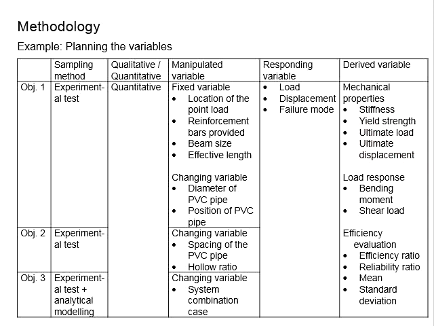And then you may use some formulas based on the test setup for you to calculate the bending moment and the shear loads acting within the member. And this computation process will give you derived variables in terms of the bending moment and shear load.